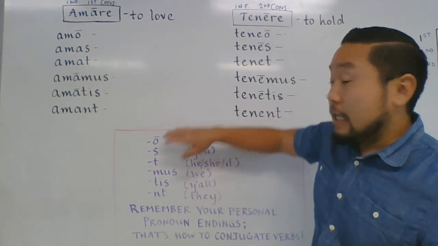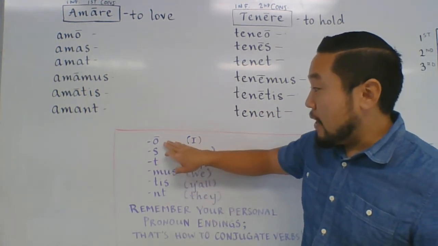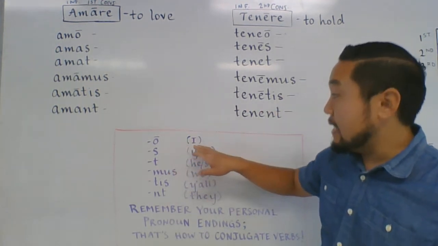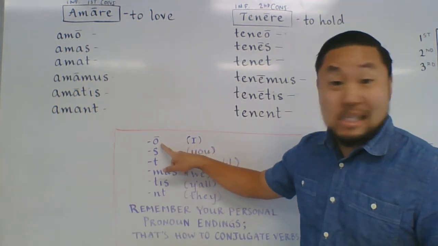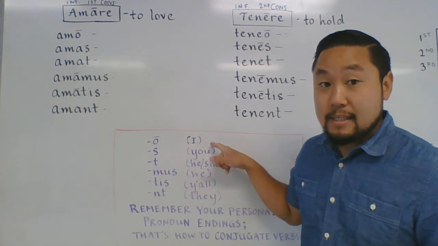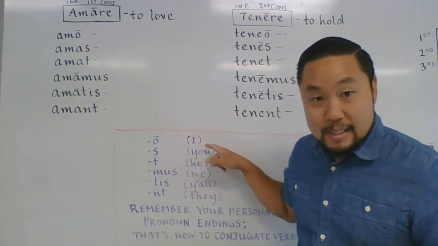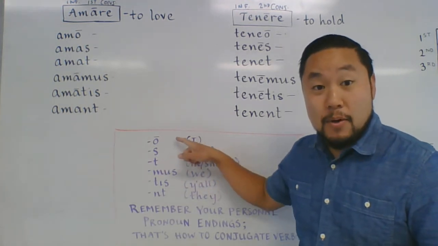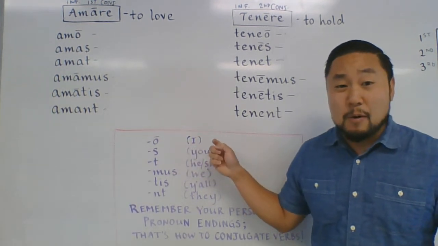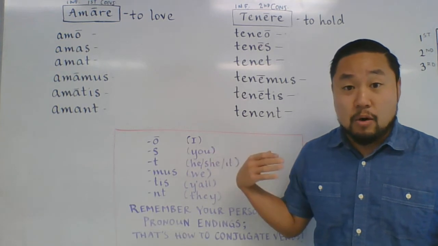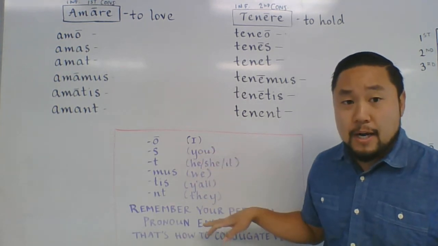So let's take a look. You should know that O is the ending which indicates that I am doing the action of the verb. It's important for you to know that O does not mean I in Latin. O just indicates I as the ending of a verb, that I am the one that's doing it. There is a separate Latin word for I, which is ego, as well as all of the rest of the pronouns.